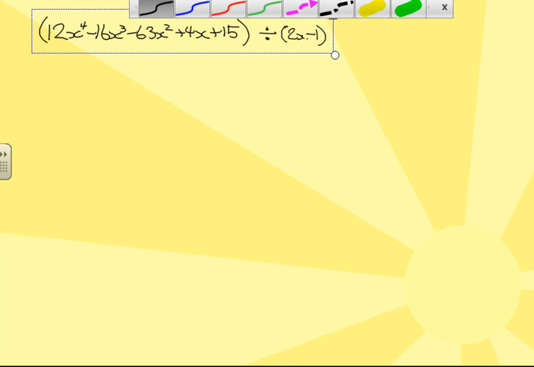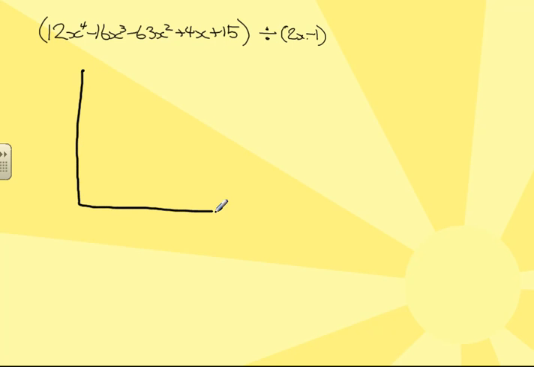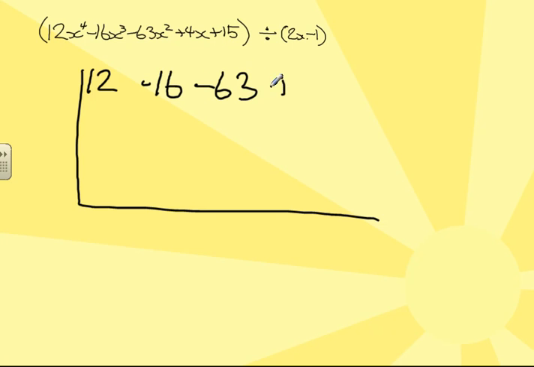Well, we start with our inverted L here. We start putting our coefficients from the first expression, which is 12, 16, negative 16, negative 63, plus 4, plus 15.